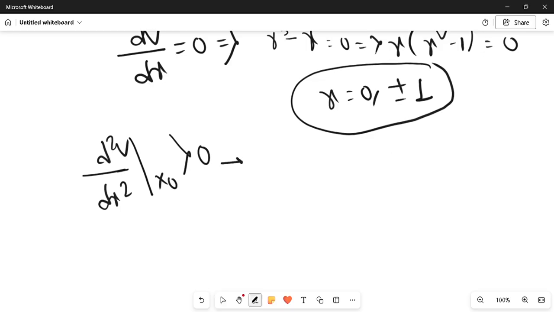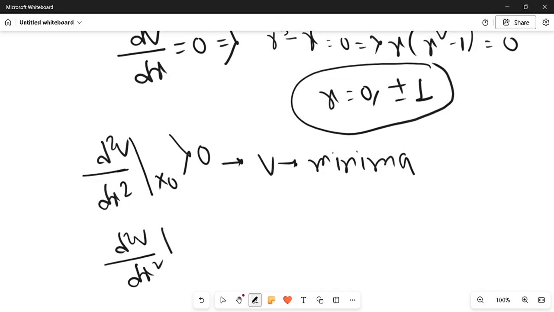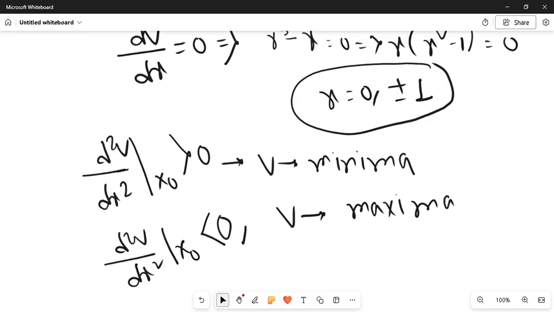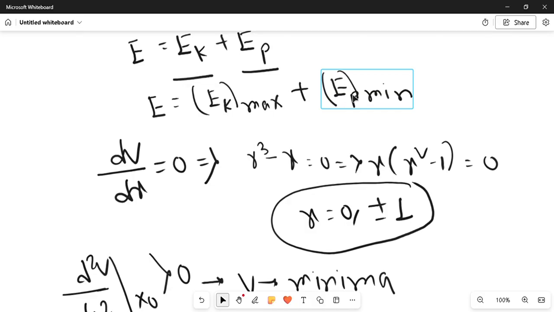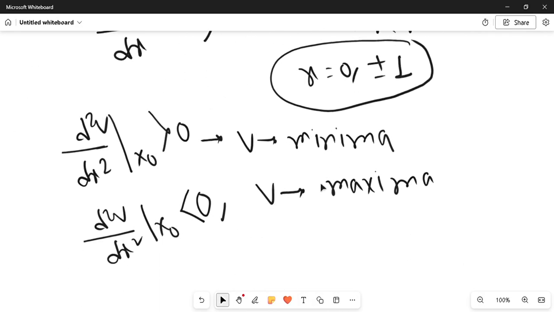From this we know that V will be a minimum. If d square V by dx square at x0 is less than 0, V will be a maximum. In this problem we need the minimum potential energy, because then we can find the maximum kinetic energy, as the total energy is given, 2 joule.